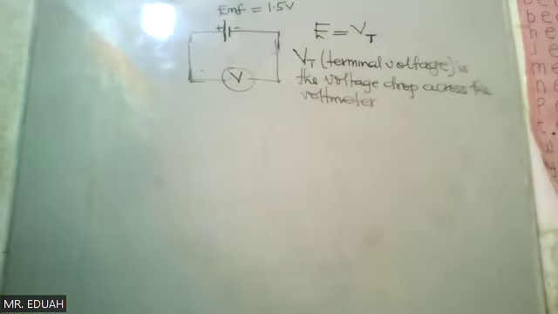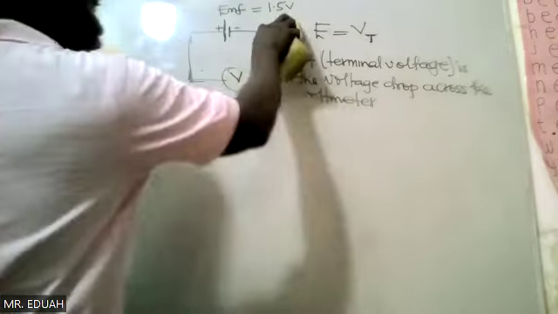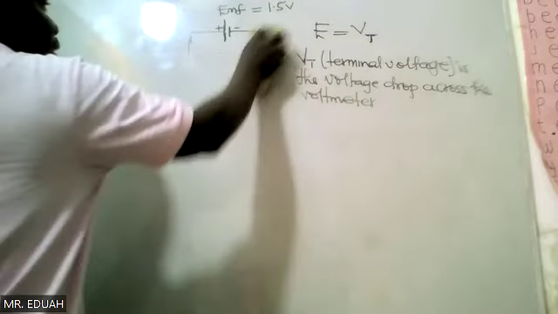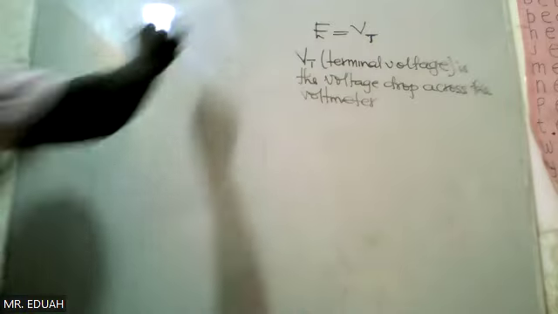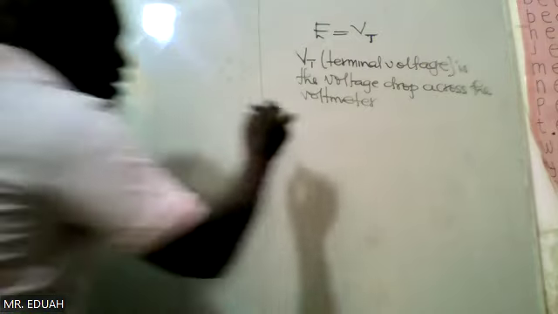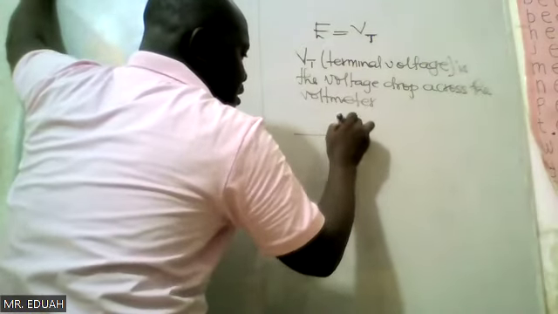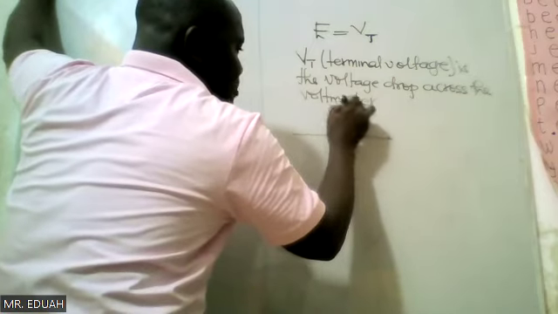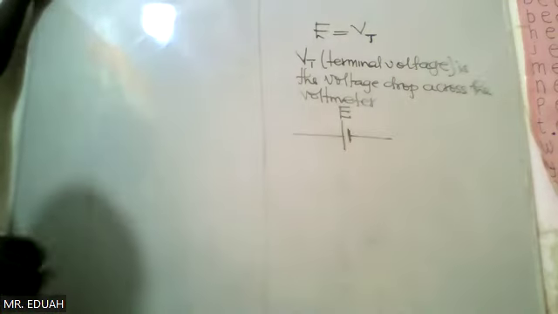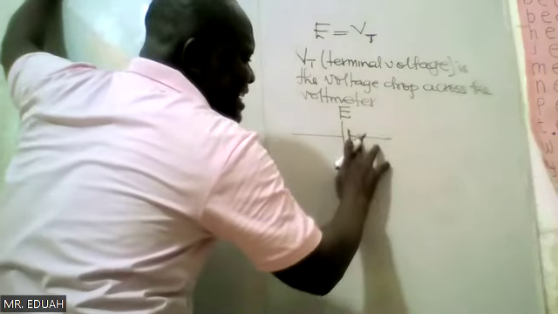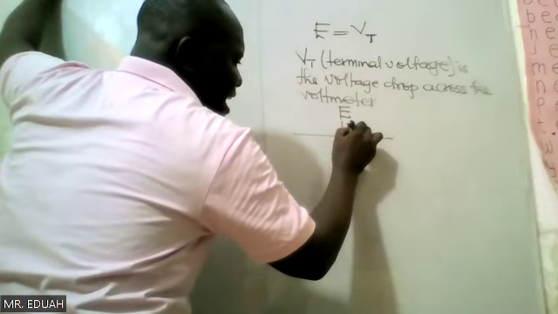Now, when we connect an external resistor into the circuit, by external resistor, this is what I mean. Let me draw another circuit. This is the EMF E of the battery. The battery has an internal resistor.